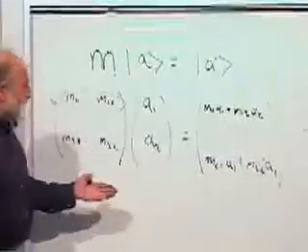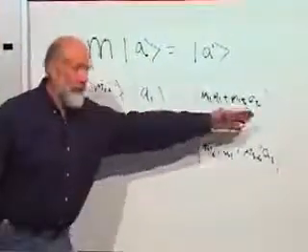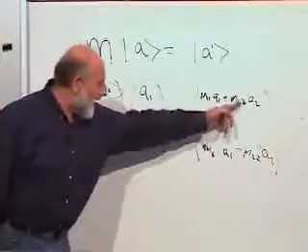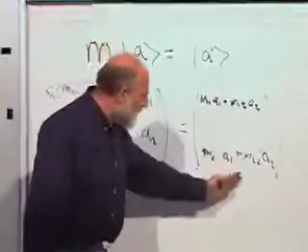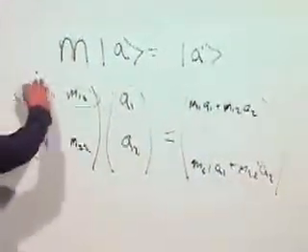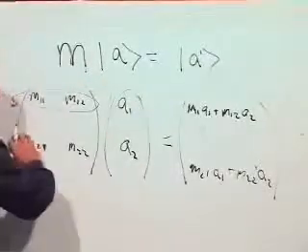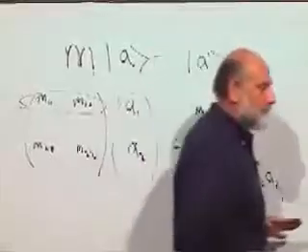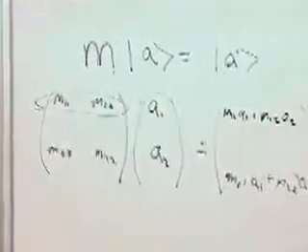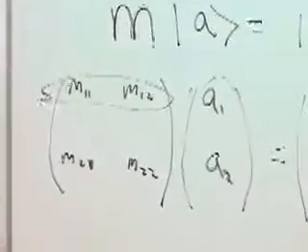So it's another vector, a column vector with one column, constructed by taking this row times the column and this row times the column, and those are the two entries. That's it. That's all that matrices are.